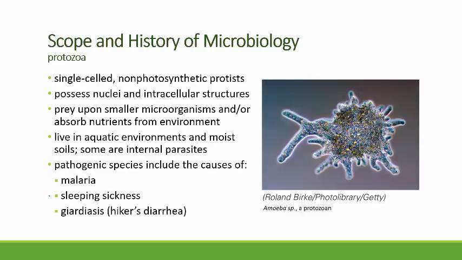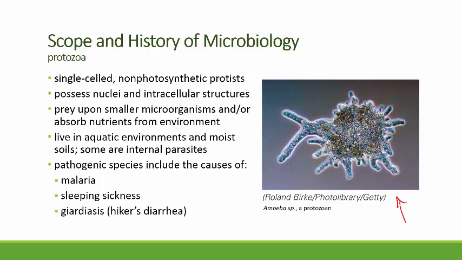And protozoa, then, are the fourth group. These are also single-celled organisms, and they are protists, so they belong in that large clustering of kingdoms that we refer to as the protists. And they're non-photosynthetic. Here we see an amoeba, photographed under a light micrograph.